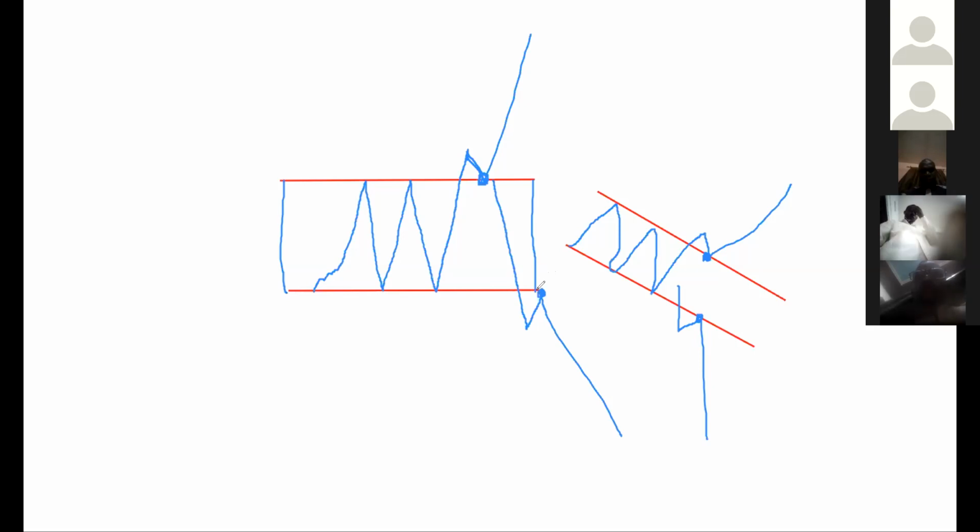If it doesn't come back, that means you've missed it. Just leave it. But 80% or 85% of the time, it will come back to respect where it's coming from. That's a good confirmation, I mean for a sell because it's going down. Then you enter your sell here and then sell.